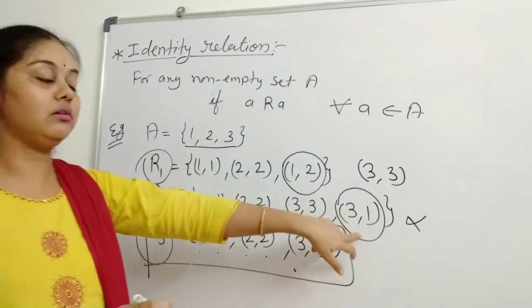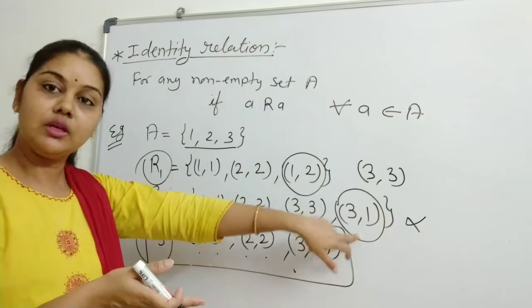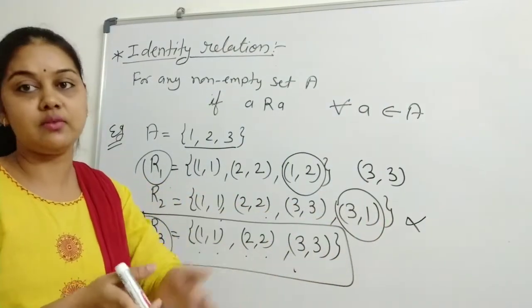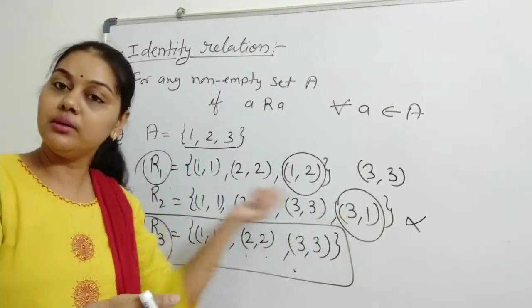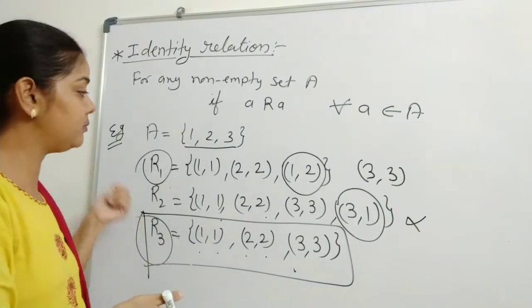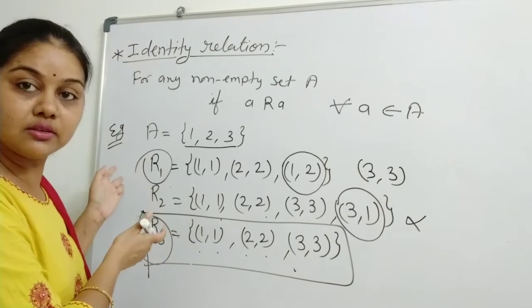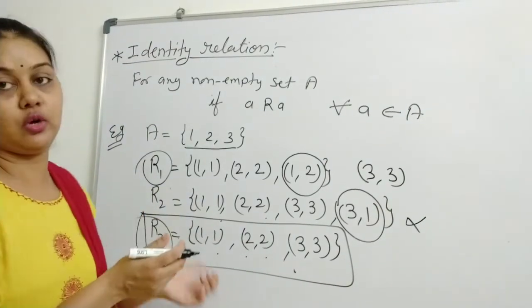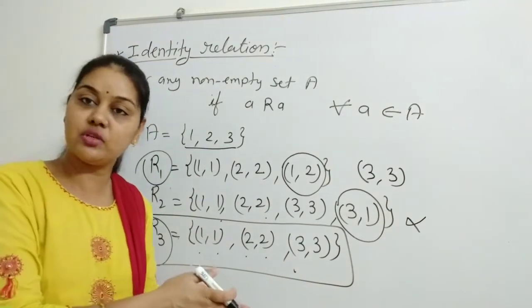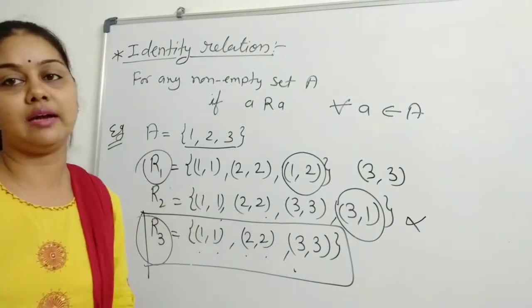So since here we have 3, 1, 3 is not related with 3 itself. So this is not an identity relation. Here we don't have 3, 3. That's why it is not an identity relation. And in this relation we have all 3 combinations. That's why this is called identity relation.